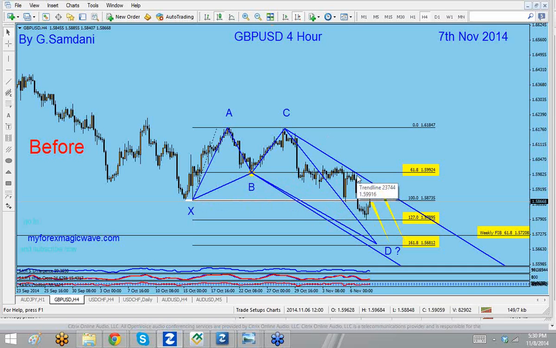Then we bounced from there and tested the B point. That was very perfect and nice and clean. And then we dropped and broke the X point, the beginning point of this pattern, and that is telling us that we are going for crab pattern at 1.618. But we have to test this.